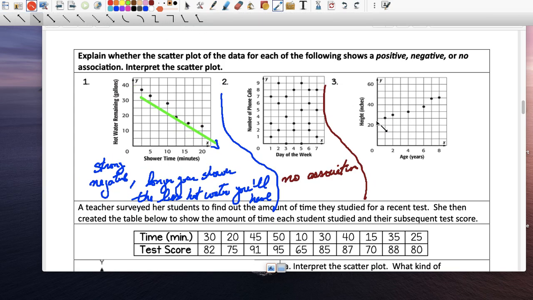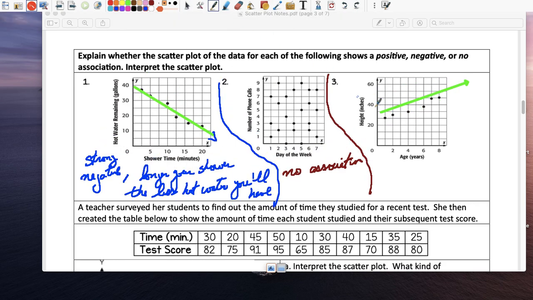This one is positive. And let's see. Okay, right there as best as you can. So you should have some points above the line and some below, the same amount if you can, right? And this is a strong correlation, strong positive. Let's see what they're relating. They're talking about age in years and your height.